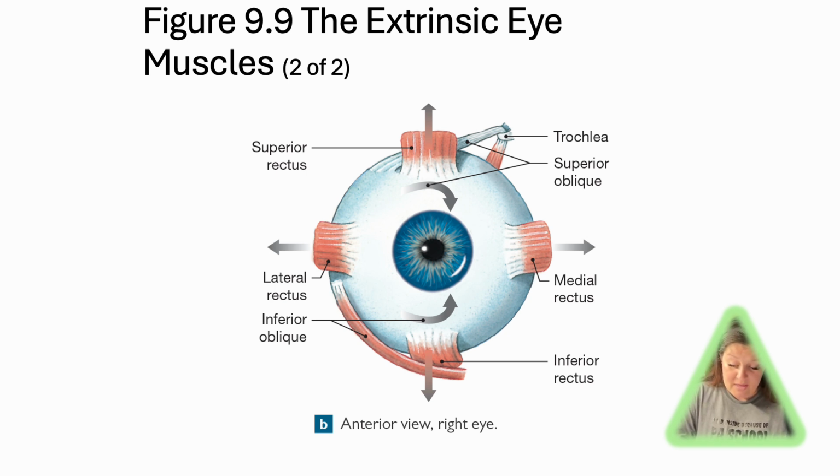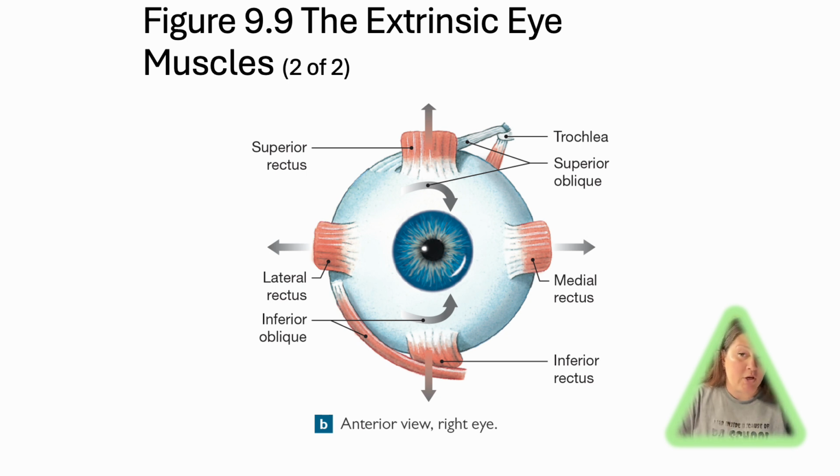So you have the trochlear nerve. And look at this image. The trochlear nerve is going to innervate the superior oblique muscle. It is held by a trochlea, which is just, if you had a pulley system, the trochlea is that part that is anchoring the rope that you are pulling over.